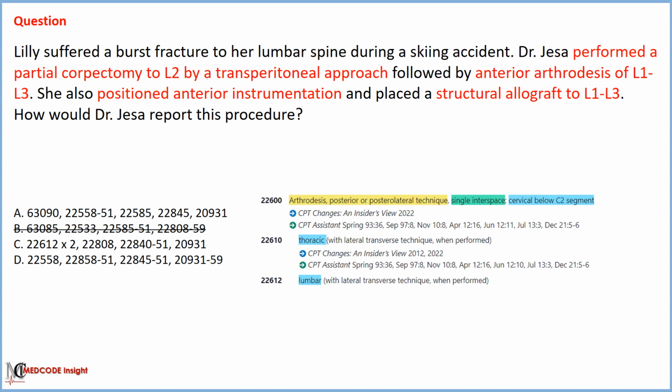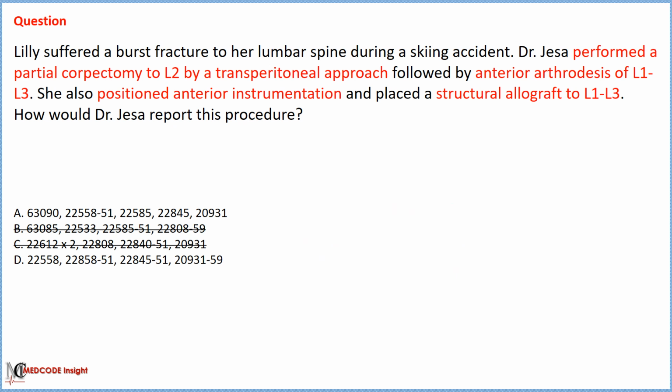In the given scenario, anterior orthodesis was performed. We eliminate option C as code 22612 is used for orthodesis with posterior or posterolateral technique. We can easily eliminate option D based on the modifier used with instrumentation and bone graft codes, as these are add-on codes and we can't use modifier 51 or 59 with any of them.